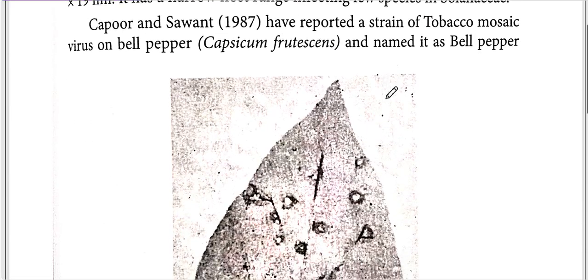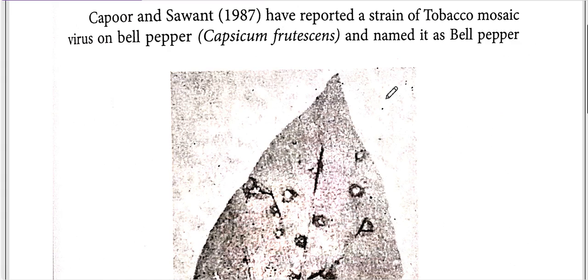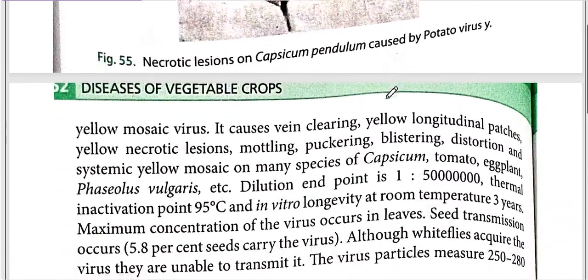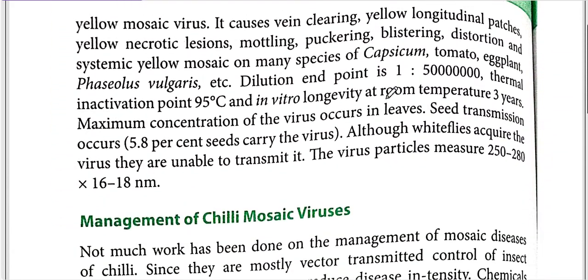Kapoor and Schwant, 1987, have reported a strain of tobacco mosaic virus on bell pepper, Capsicum frutescens, and named it bell pepper yellow mosaic virus.